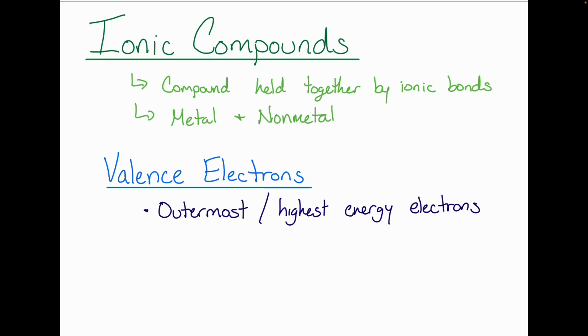They're physically the outermost, the most spread out in our atom, but they're also the highest energy of our electrons. They are the most important in understanding the chemistry of an atom because these are the electrons that participate in chemical bonding. Whether we're talking about an ionic bond or a covalent bond, it's the valence electrons that are involved in that bonding.